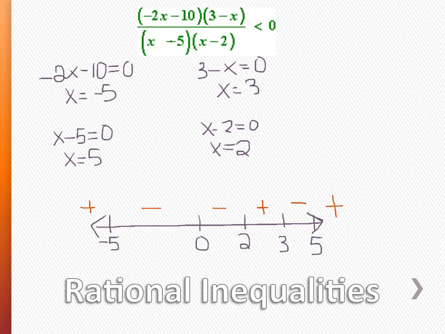Now that we've marked this on our number line, what's really happening is we want to compare that plus and minus with our less than 0. So we're looking at our negative signs. Here our final solutions would be when x is greater than negative 5 and less than 2, our values are less than 0.